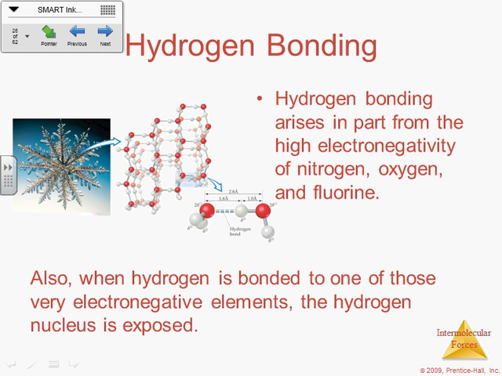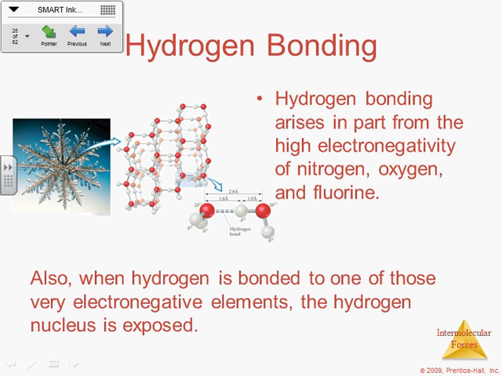The other thing that happens here is, because this is hydrogen, when it's bonded to one of these things, the electrons are being pulled a lot more closely to the electronegative atom, like the oxygen, the nitrogen, and the fluorine.